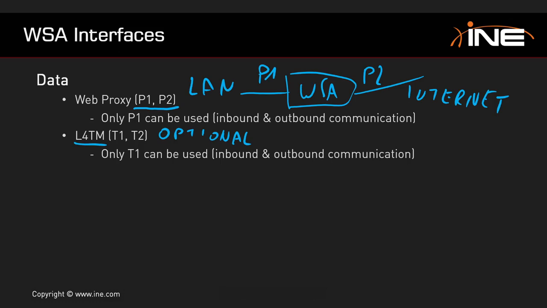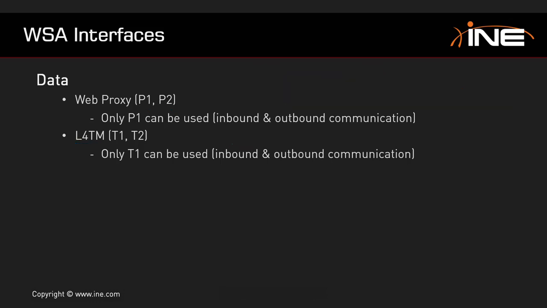So one is going to be used for inbound, and the other one for outbound communication, as opposed to using just one port, which is for both directions. And the same concept applies to L4TM interfaces. It's just the meaning that is going to be different here, because L4TM is generally used for IDS-like functions, not for the proxy inspection.